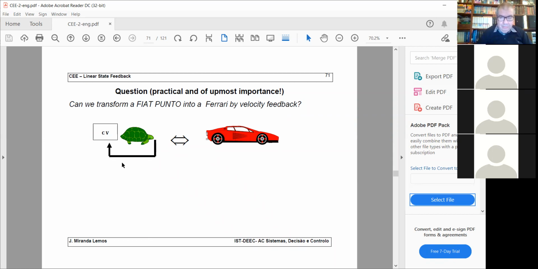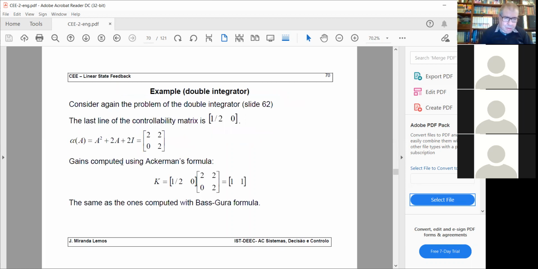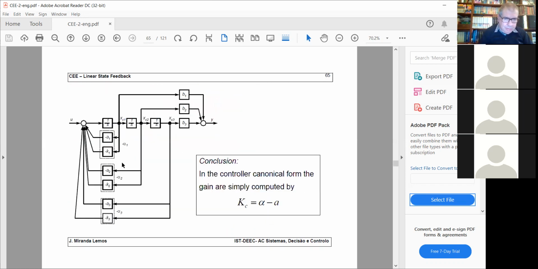So you want to change the poles so that your Punto becomes a Ferrari, at least in the acceleration. Do you think this is possible? Let's look at the Bass-Gura formula. Let me place the Bass-Gura formula here.